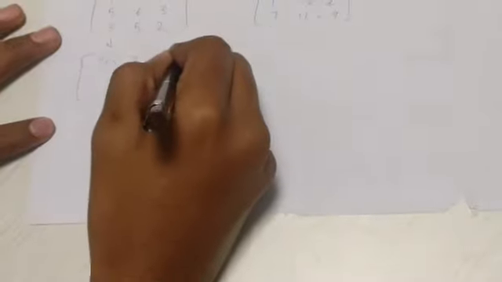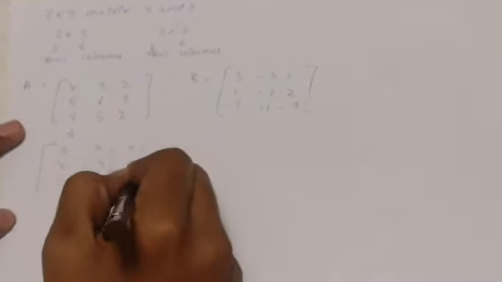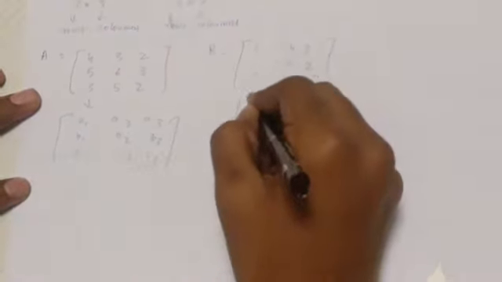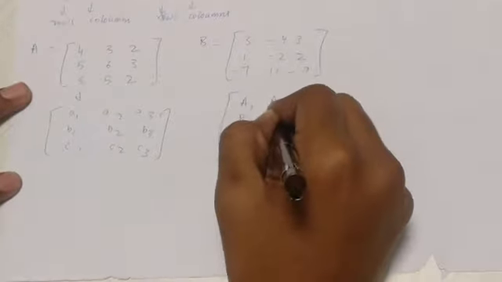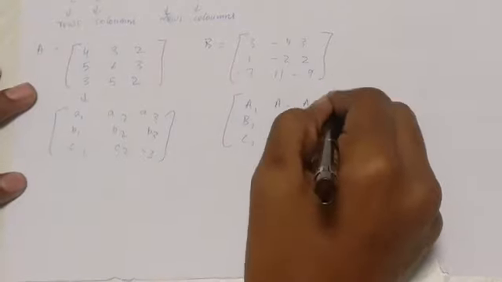Now let's imagine this as A1, A2 and A3, B1, B2 and B3, and C1, C2 and C3.